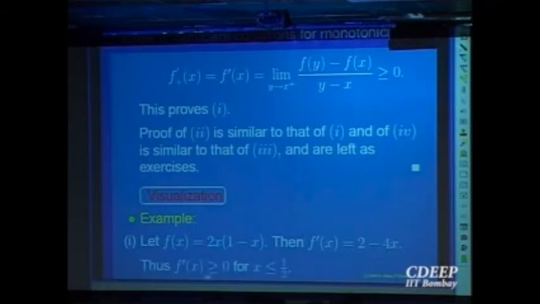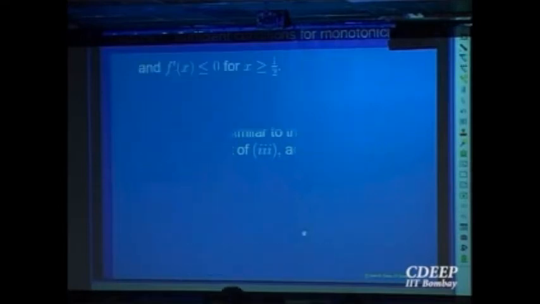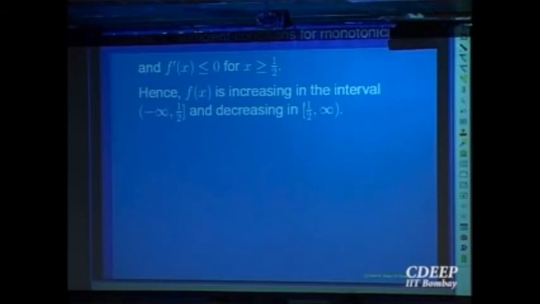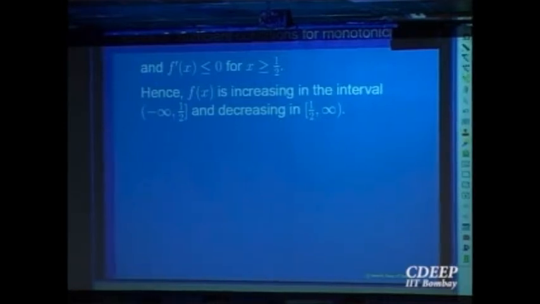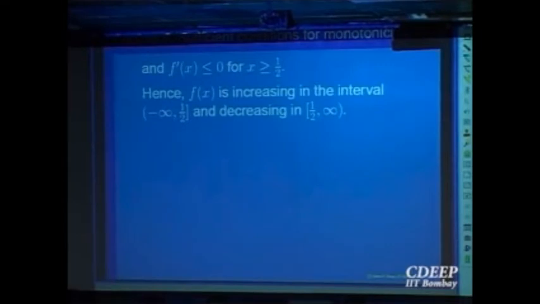So it is bigger than or equal to 0 in the interval x less than or equal to half, and in the other portion it is less than or equal to 0. So you can say it is increasing in that interval and decreasing in that interval. Right? Straightforward application. If you have knowledge about the derivative, the nature of the derivative, the sign of the derivative, then you can have some conclusion about the function, whether it is increasing or decreasing. So that is the idea.